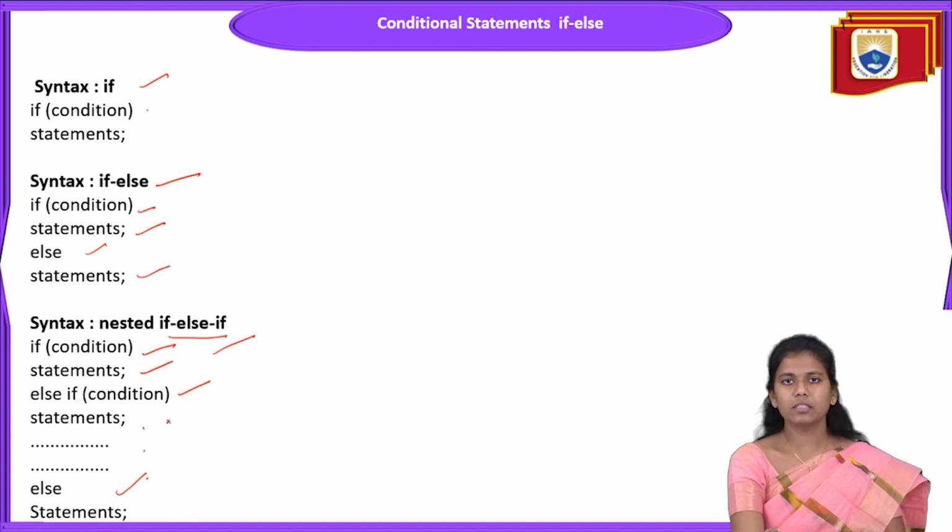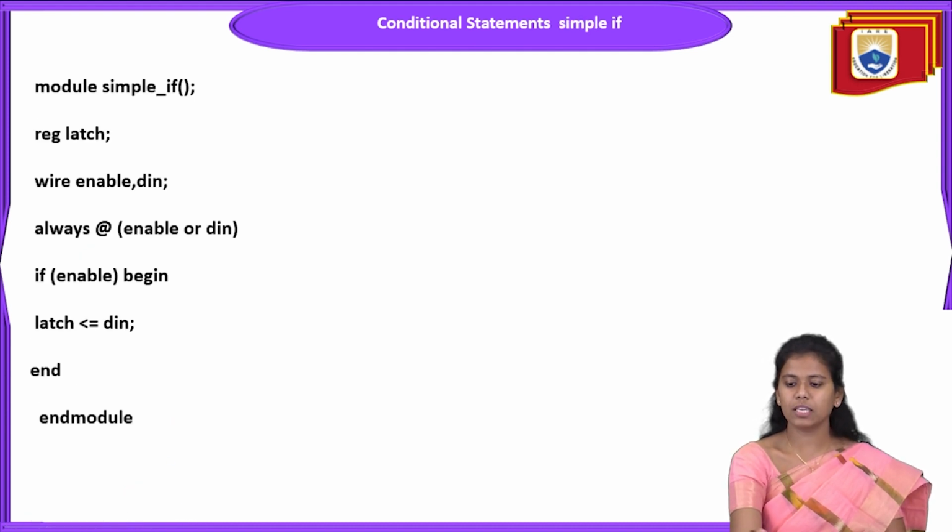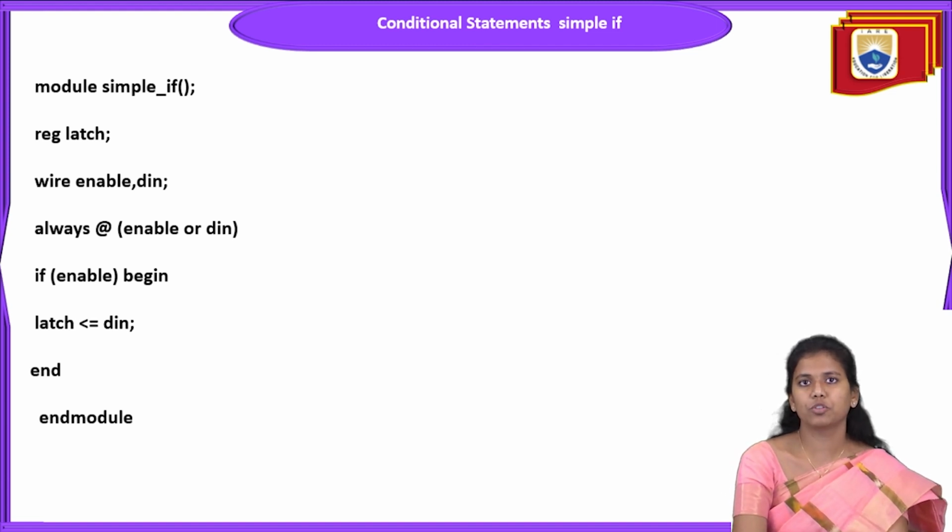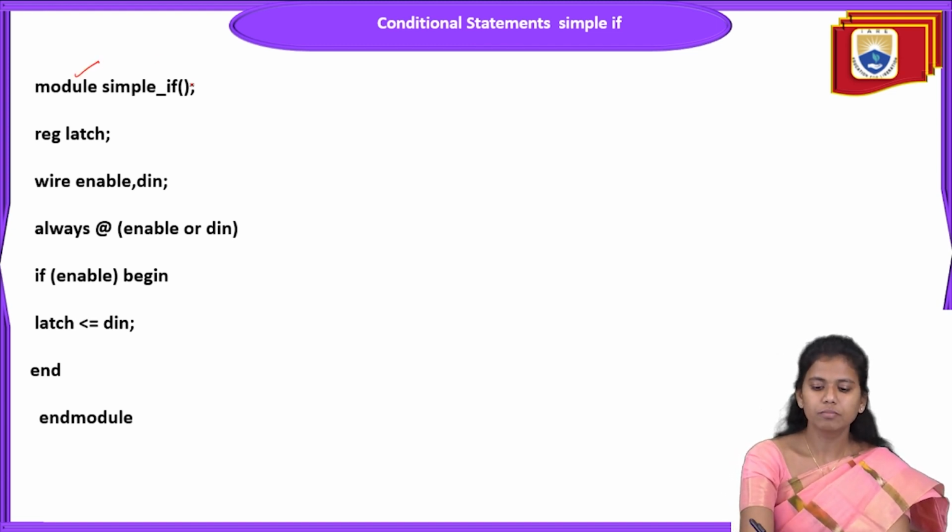The other conditional statement we see here is simple if. For the simple if conditional statement, the syntax is written like this: module simple_if, with a register latch. What is a latch?